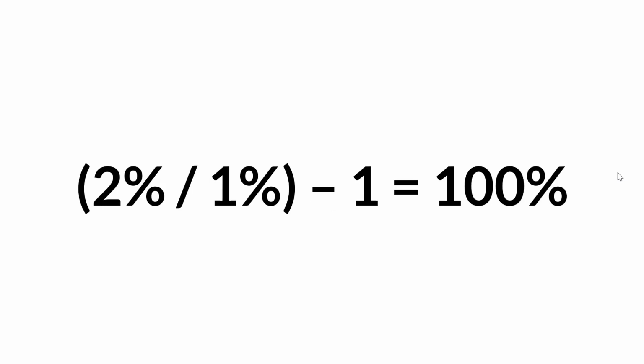The right way to do it would be to express that change as a percentage or in relative terms. So we will compare the 2% to the 1%. We'll put 2% in the numerator, 1% in the denominator, then we can subtract 1, and we see that system downtime actually increased by 100%.